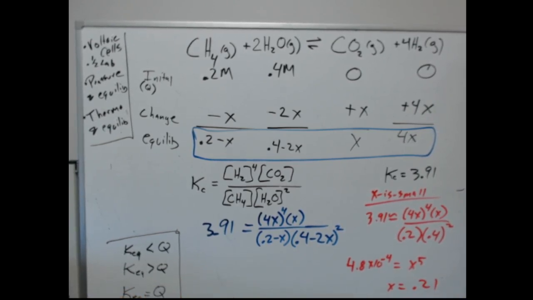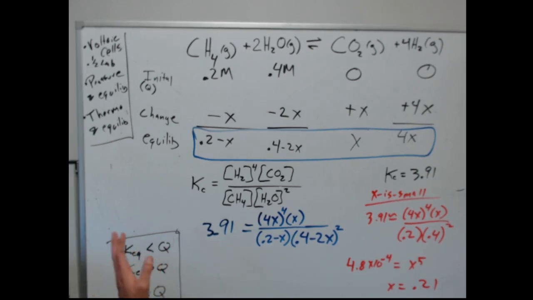Is that a good... How's that look? If I do 0.2 minus 0.21, what happens? We get a negative concentration. That's terrible, right? Whenever we're at equilibrium, at the end of a chemical reaction, we cannot have negative molarity or negative moles left over.